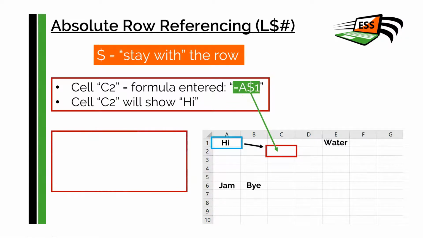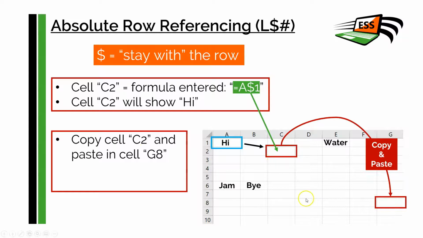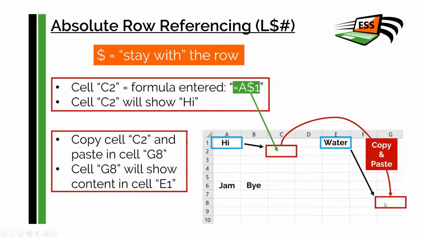So when we paste it from C2 to G8 in this case, now we will have the word water going in there because what changed was that it was A1 going there, it became E1. The relative position was not dependent on the row number, but the column. So hence the distance being 2 cells from left to right in that case as well.